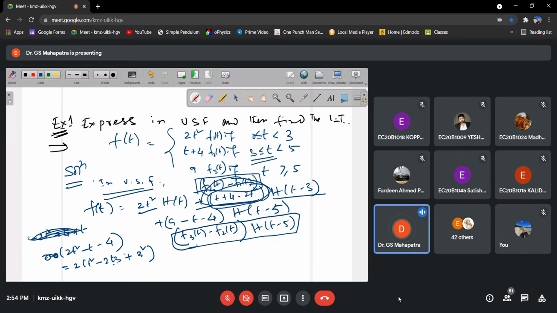So 12t extra means you have to add 11t. Now you just see minus t is there. Here it is 2 into 3, so 6t into 2, so 12t, but you have only minus t, so plus 11t. Now 3 square means 9, 9 into 2 is 18, but you have only minus 4.